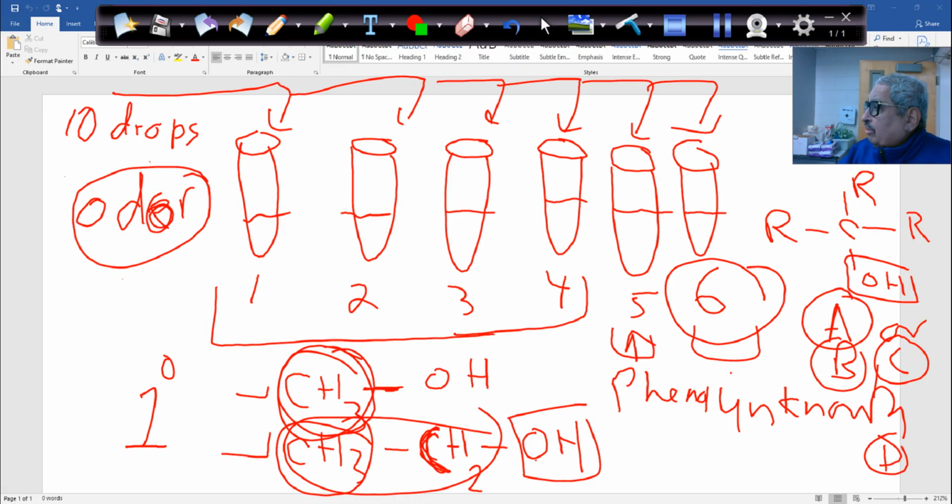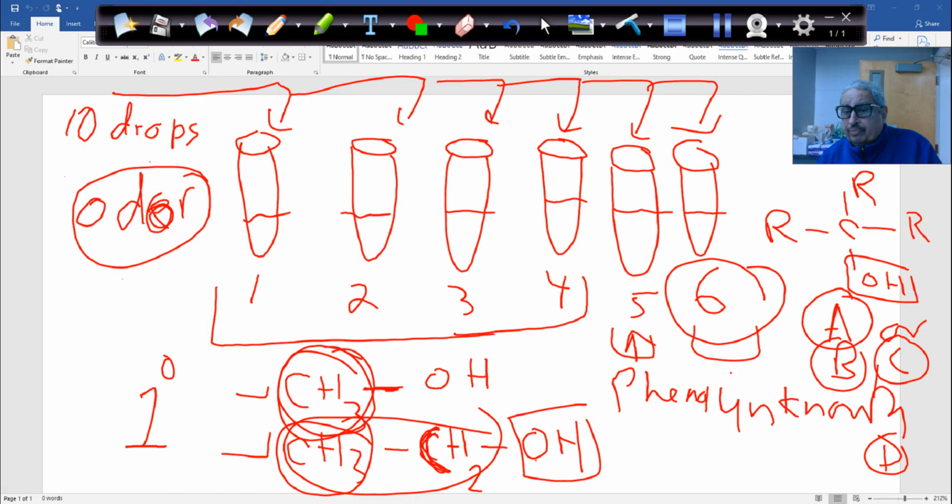The primary alcohol will oxidize to carboxylic acid through the aldehyde. A secondary alcohol will be oxidized to ketones. The tertiary cannot be oxidized, unless you combust the whole thing together.